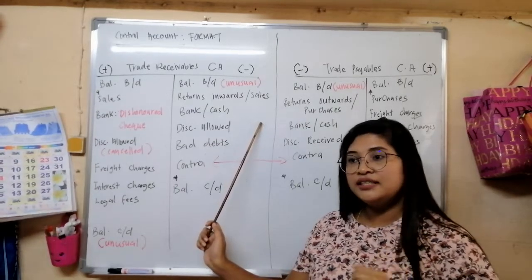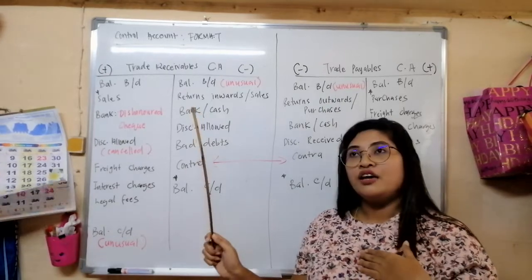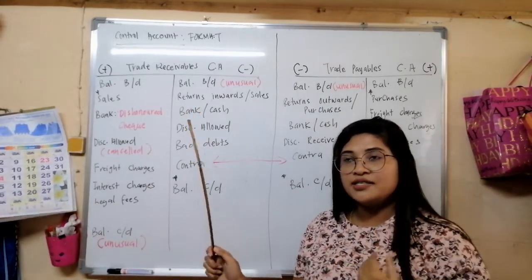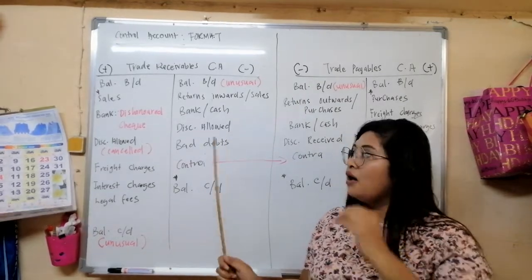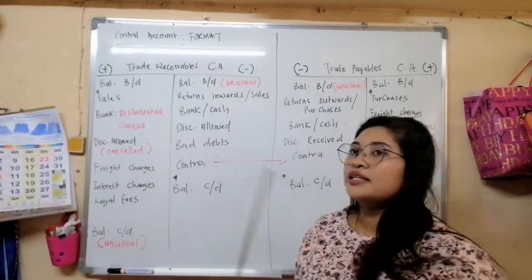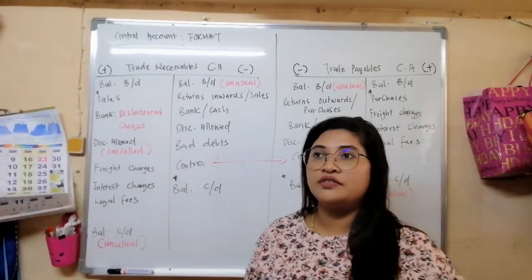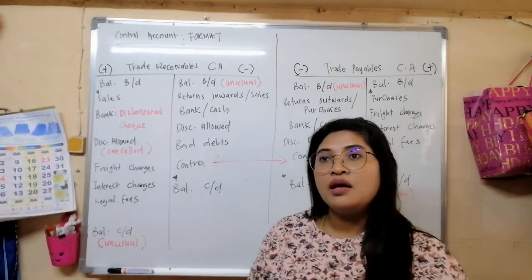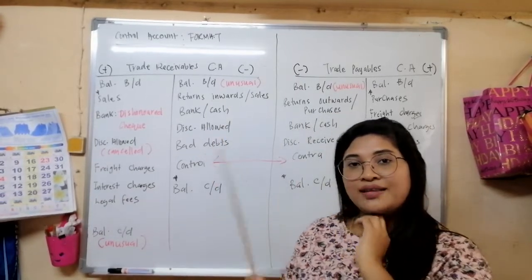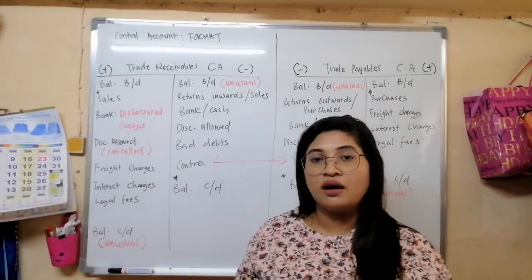But suppose the cheque they issued to us, when we bank it into our bank, is suddenly dishonoured, maybe because of something wrong with the issuing, maybe because the date is not correctly issued.